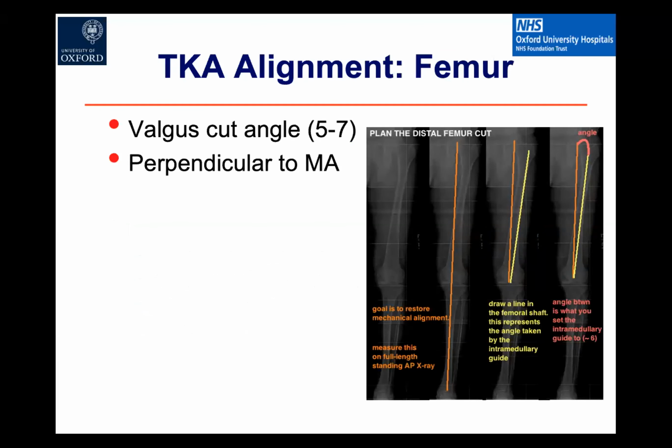So just to recap again on TKA alignment, you have your valgus cut angle, which is between 5 to 7 degrees, typically 6 degrees, and this is perpendicular to your mechanical axis.